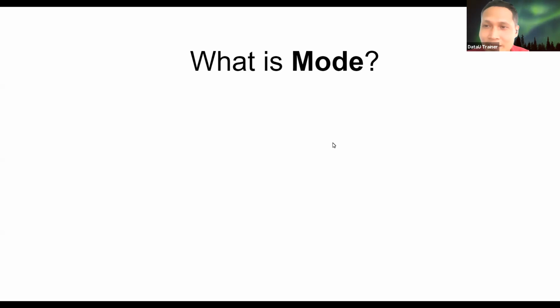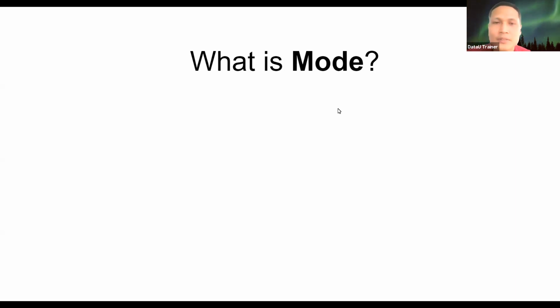So if you have a data set with 8 different numbers, and 5 of the numbers are number 3, then the mode is 3 because there's more number 3s than every other number in there, okay? So that's what it means, mode.